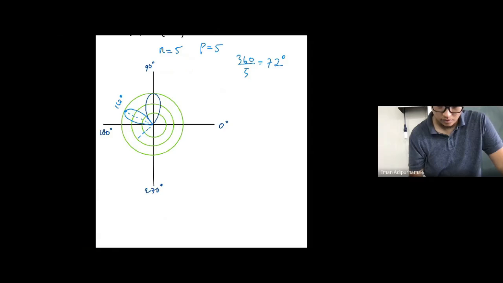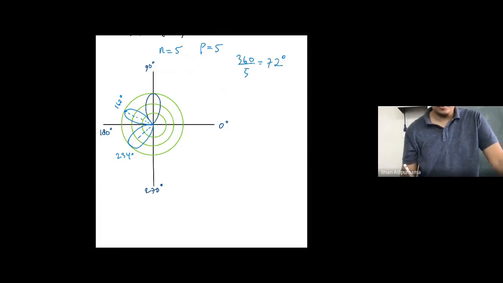And this will be around 234. Okay. And this should be 306, maybe around here.